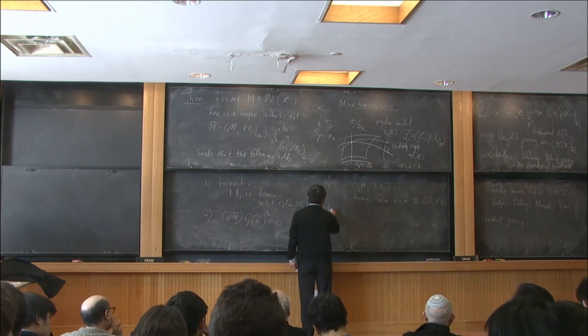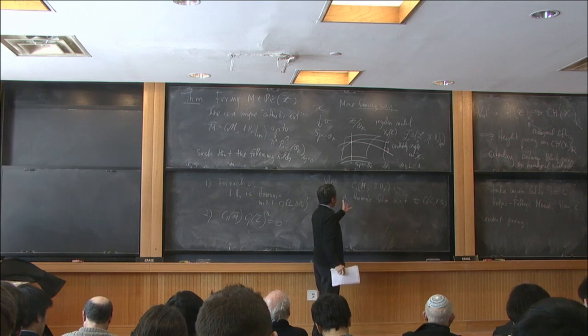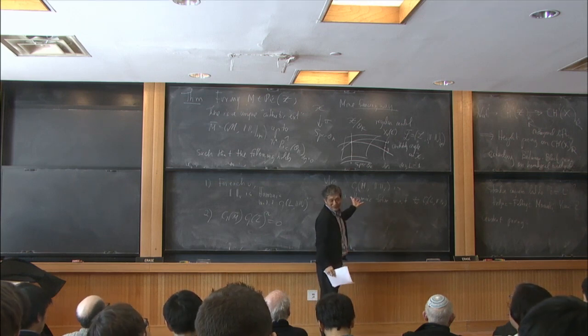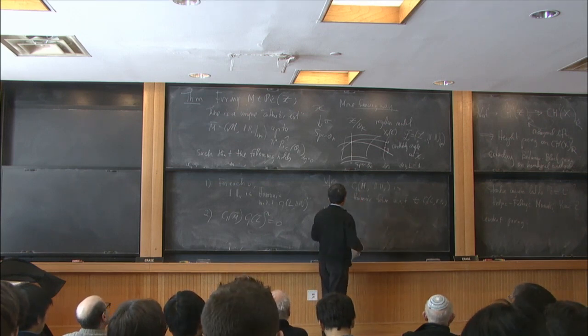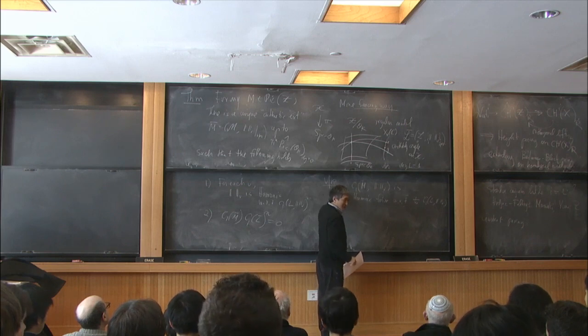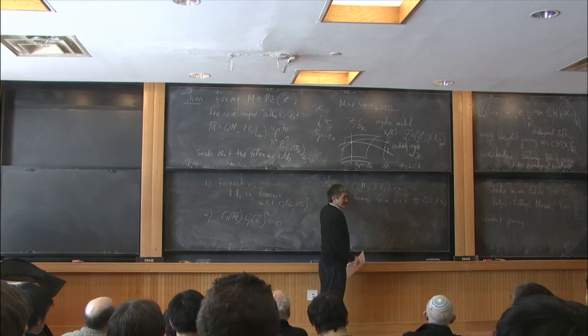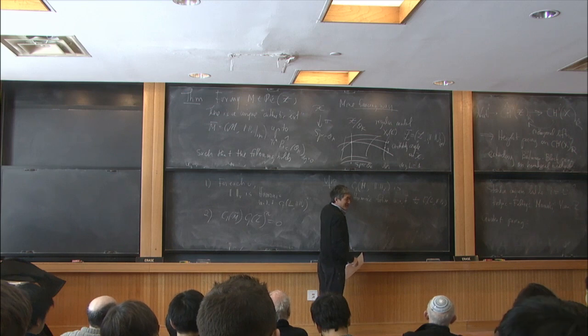But for non-Archimedean places, I don't know how to do harmonic analysis in this general situation. But this condition can be translated into a different language, which was observed by Calabi.